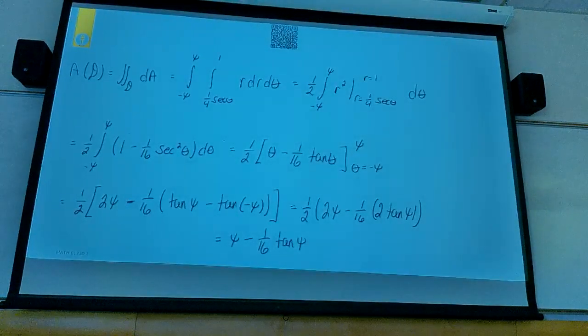What did we say psi was? Inverse cosine of 1/4. What, minus 1/16. Which can still be simplified.